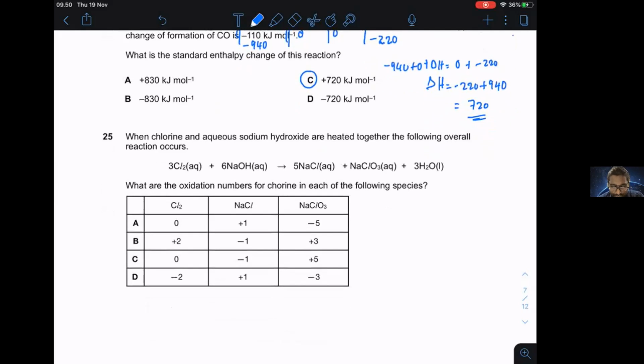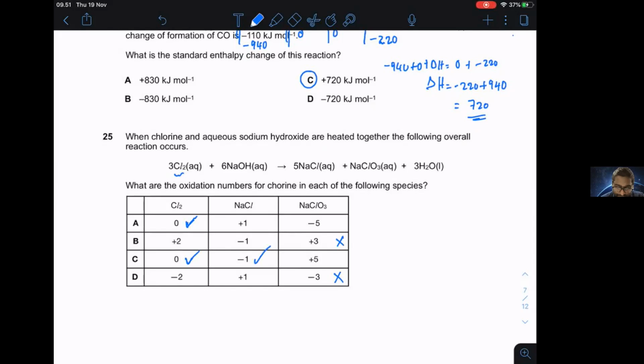Here they are asking you to calculate the oxidation number of chlorine in each of the following. If you know Cl2, the oxidation number is 0, so you can eliminate this. For sodium chloride, I think this one is quite easy also, the oxidation number of chlorine is -1.